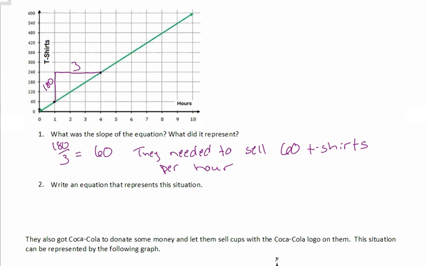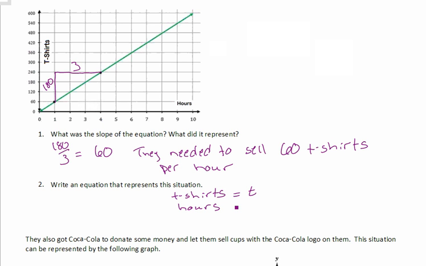Now it says we're supposed to write an equation that represents that situation. Okay, so we're looking at, again, 60 t-shirts per hour. So the two things that we're looking at are t-shirts and hours.